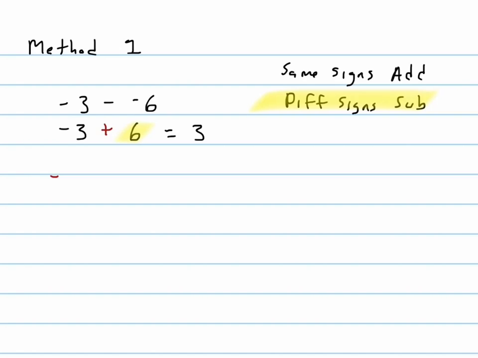We have 1, 2, 3 negatives, and now draw your positives. 1, 2, 3, 4, 5, 6, and you can circle these 3 because we know that that makes a 0, and we're left with positive 3. Alright, like that. Okay, so those are your answers.